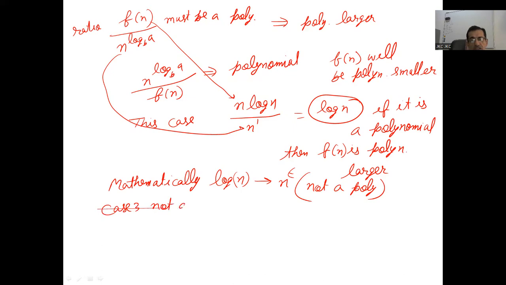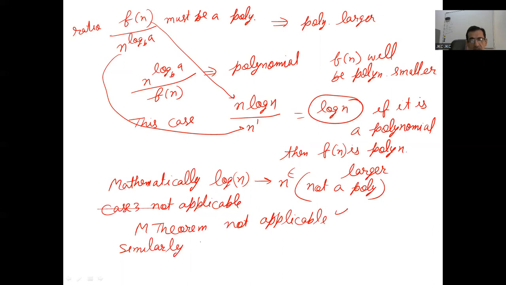Cases 1 and 2 are obviously not possible in this case. Hence, the master theorem can't be used, not applicable. So this is what the rules of star 1 and star 3 effectively mean. Similarly, for star 1, we will ensure a similar scenario for case 1 also. So this is exactly the master theorem.